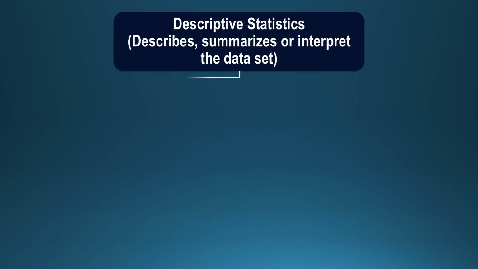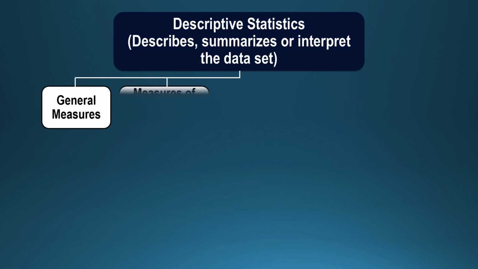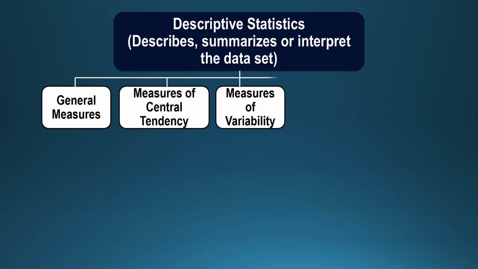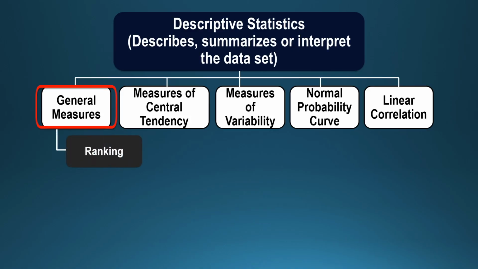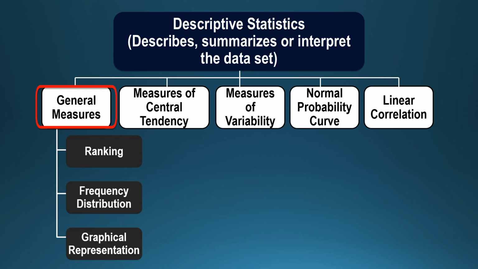Descriptive statistics include measures in general, measures of central tendency, measures of variability, normal probability curve, and linear correlation. Certain measures in general include ranking the data, preparing frequency distributions or cumulative frequency distributions, and representing data through graphs.